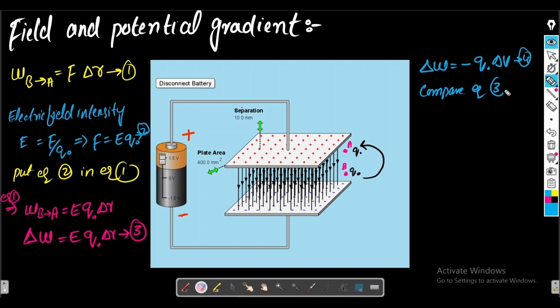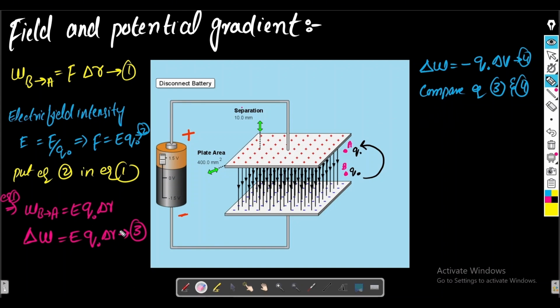Now compare equation 3 and 4. The left sides of equation 3 and equation 4 are the same, therefore the right sides of these equations will also be the same.